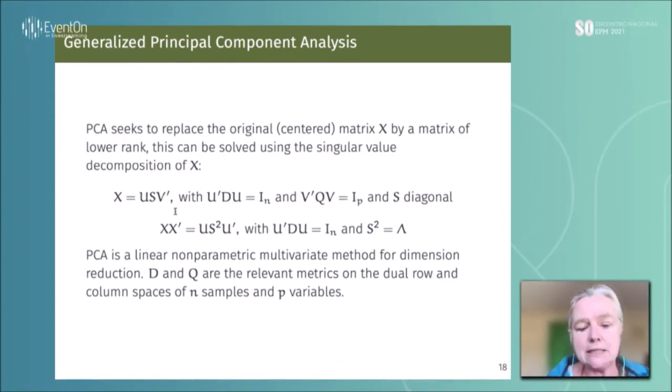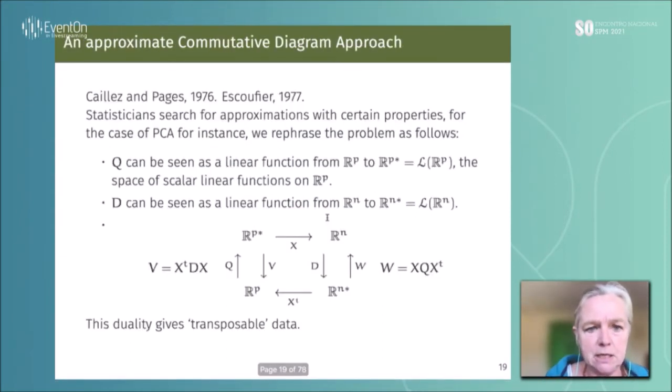And so in a standard singular value decomposition, you obtain USV prime, and you have the orthogonality condition, which incorporates the weights, both on the n-dimensional and the p-dimensional spaces. And this is one of the ways that we can put in our geometry some of the probability.